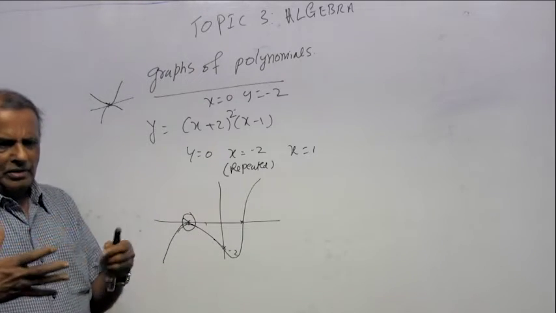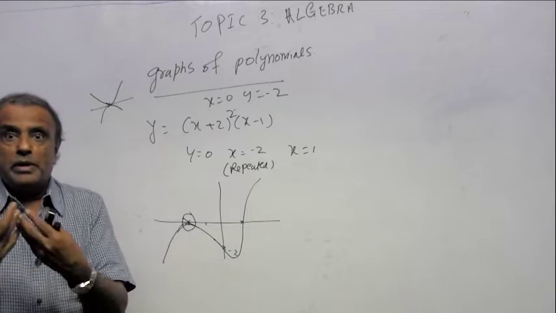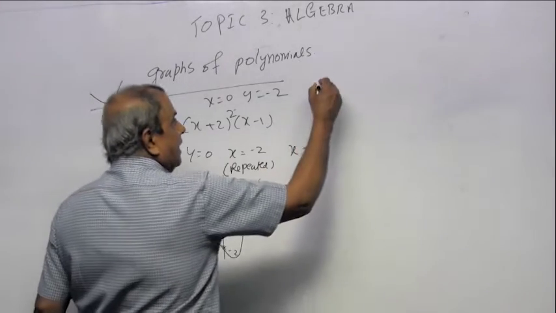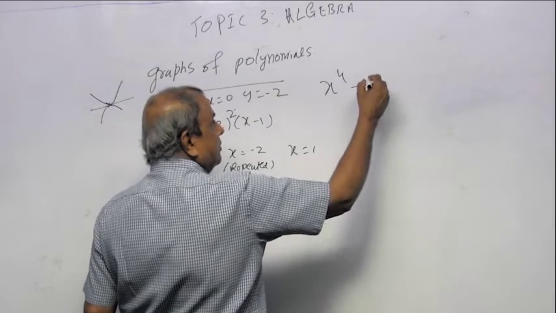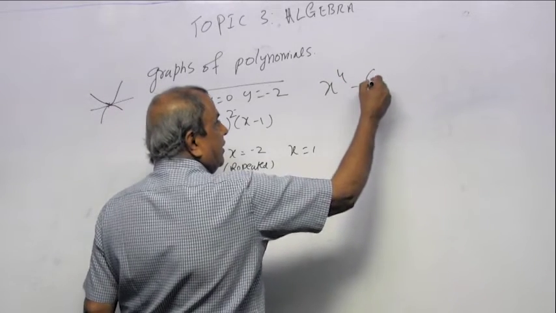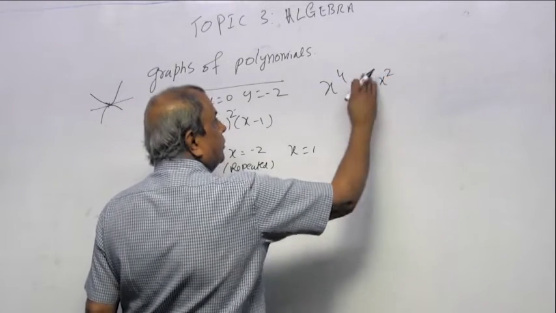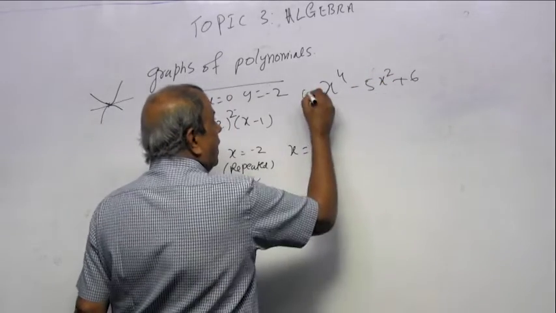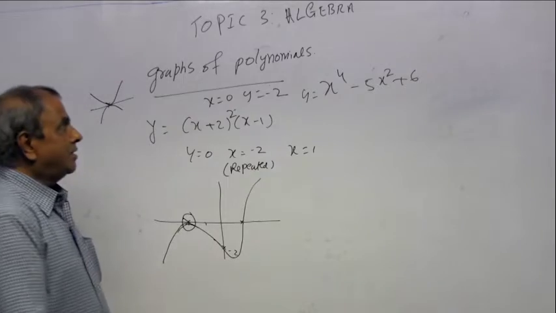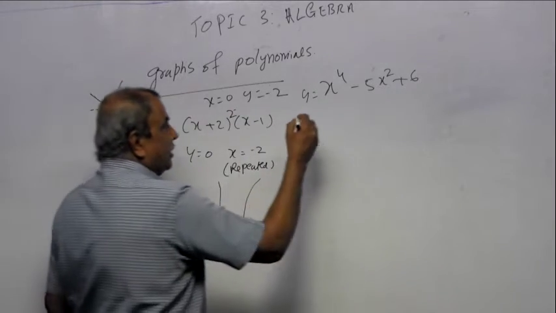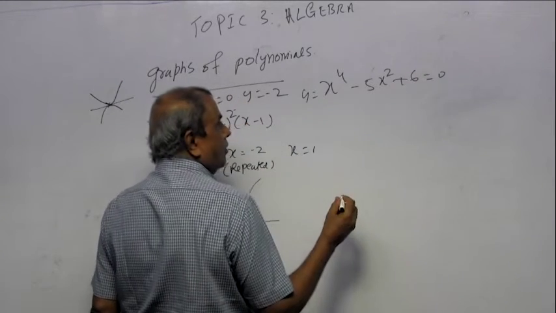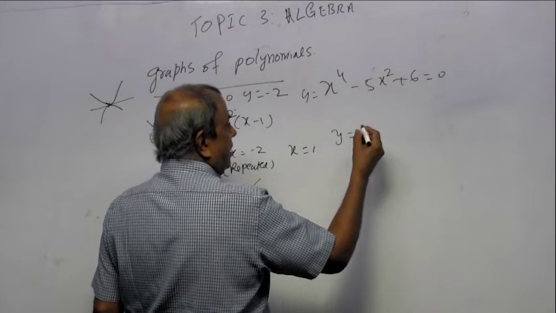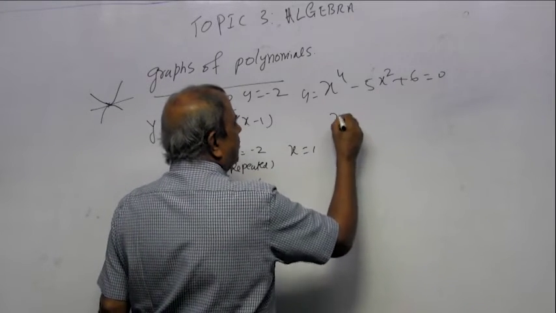Of course, a 4 degree curve could be a quadratic graph. Be careful. For example, something like y equal to x power 4 minus 5x squared plus 6. If I were to equate that to 0, what would I get? Suppose you were to call x squared as t.